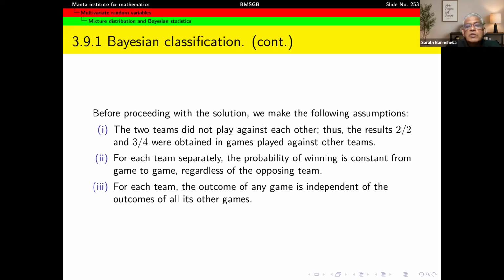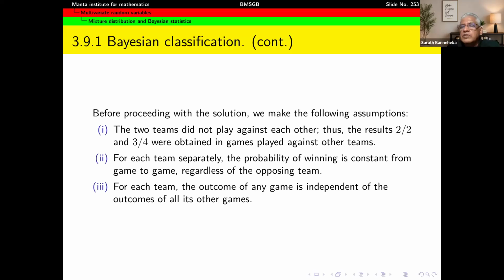Before proceeding with the solution, we make the following assumptions. Actually, these are the assumptions, not the definition of better, right? We have to make some assumptions as well. So there are two teams and they have some data. They have won several games, but we have to assume here they have not competed against each other.